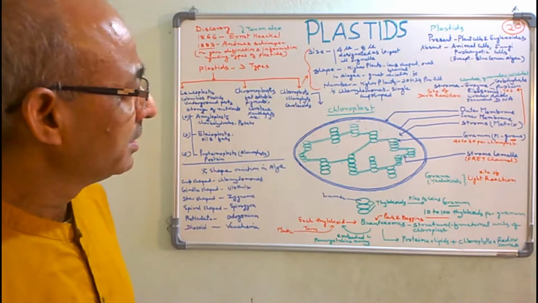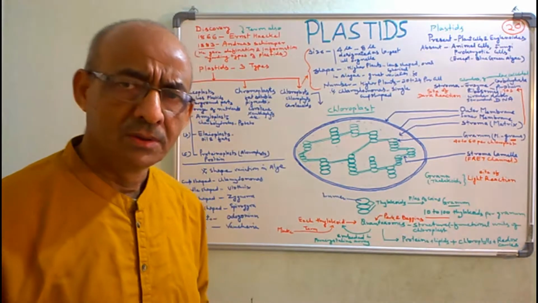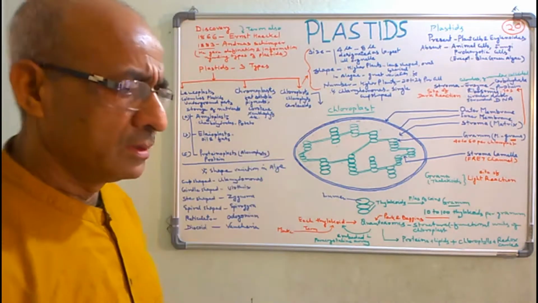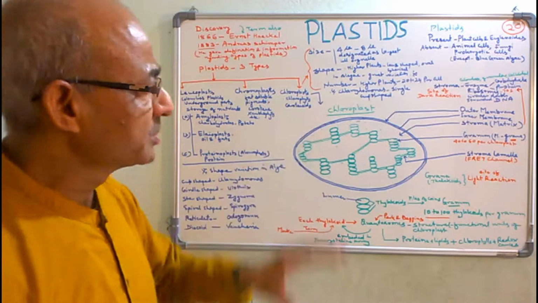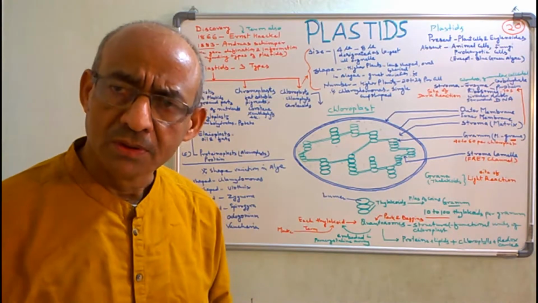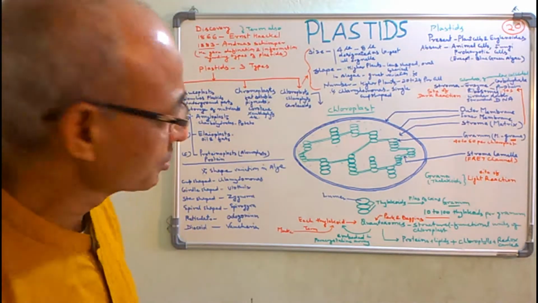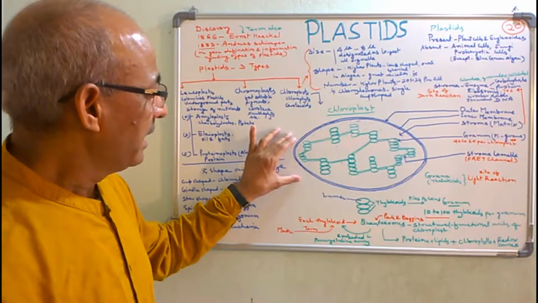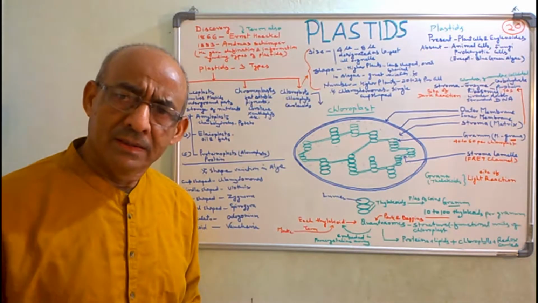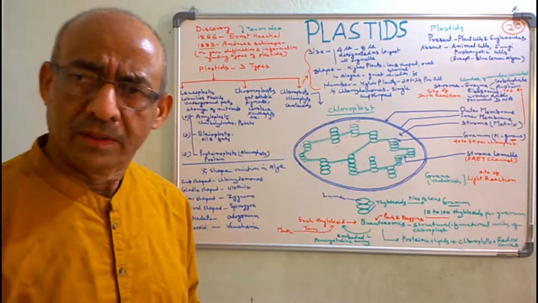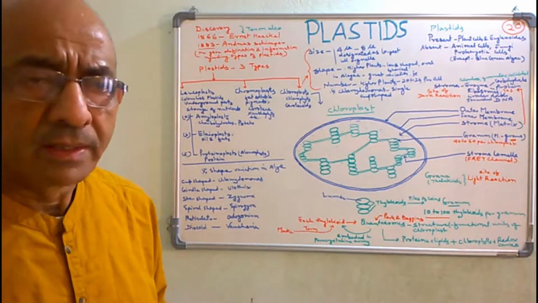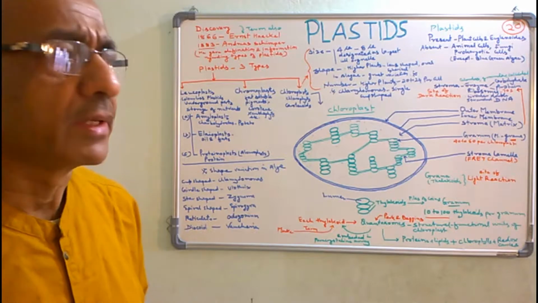Normally, in higher plants, chloroplasts are lens-shaped, oval-shaped, discoidal also. And it has a double membrane layer just like mitochondria.